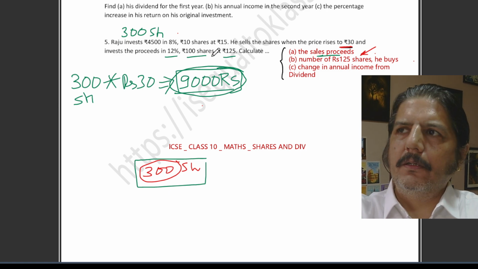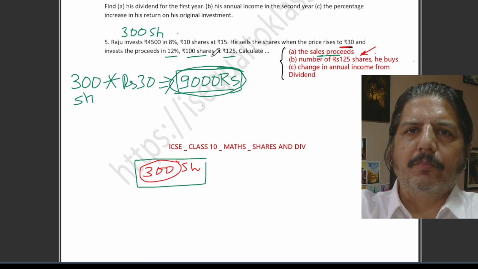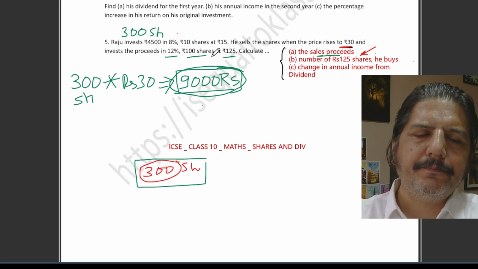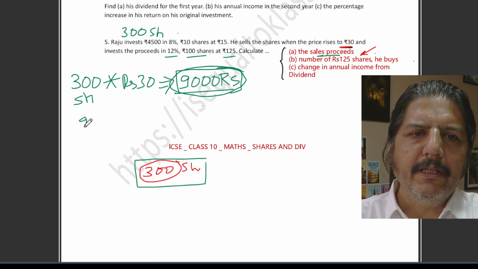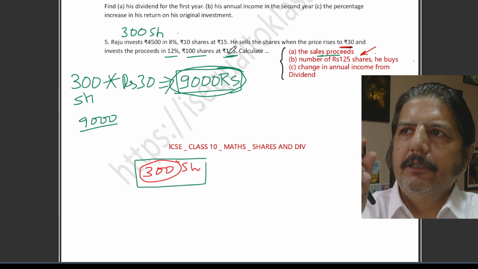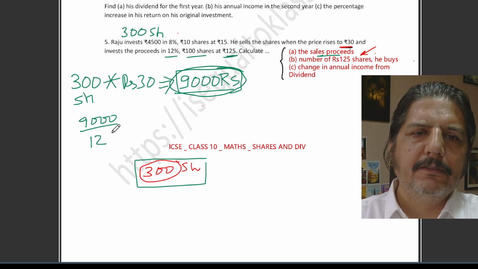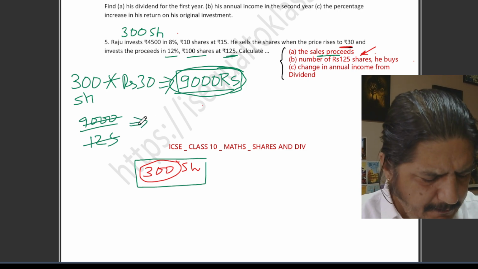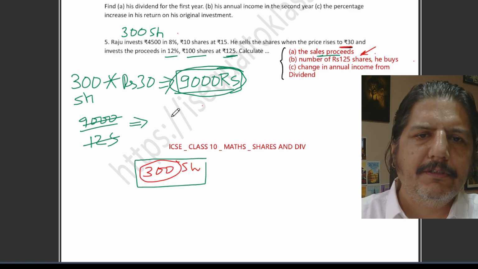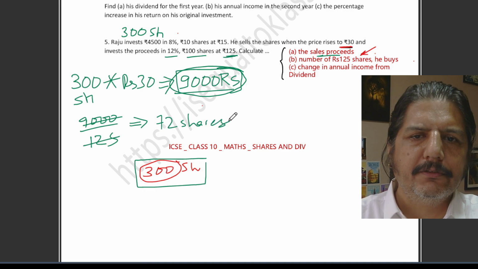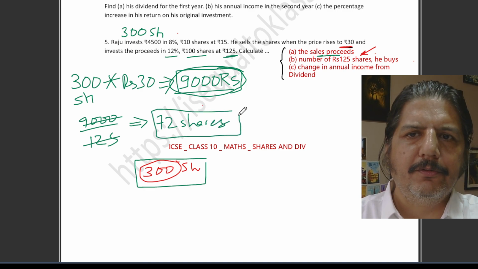Now he takes this 9,000 rupees, he goes and invests this amount of money in company B. When he invests that 9,000 rupees in company B, the market value of each share of company B is rupees 125. So for company B, he would have got 72 shares. You can calculate this. You will get the answer as 72 shares.